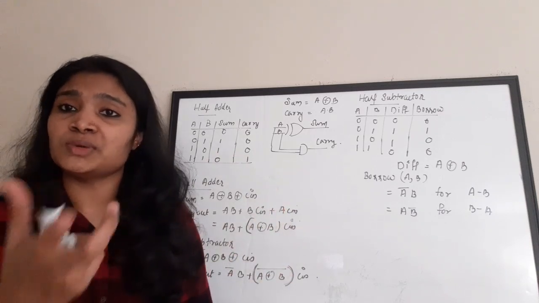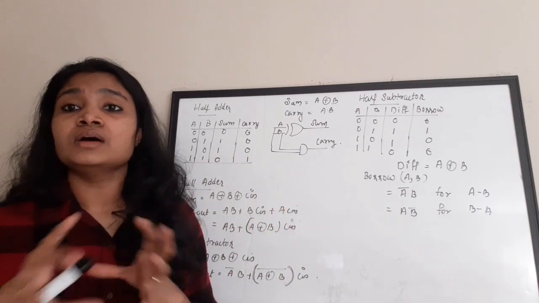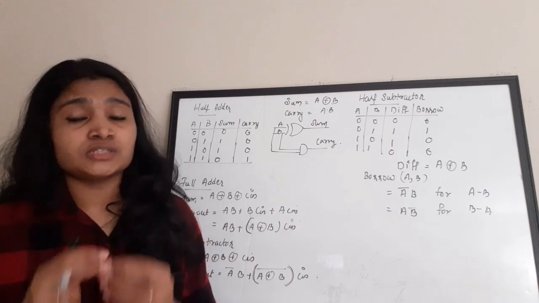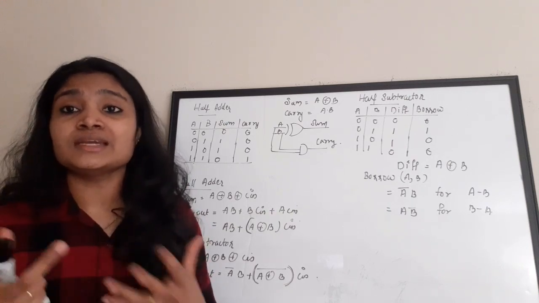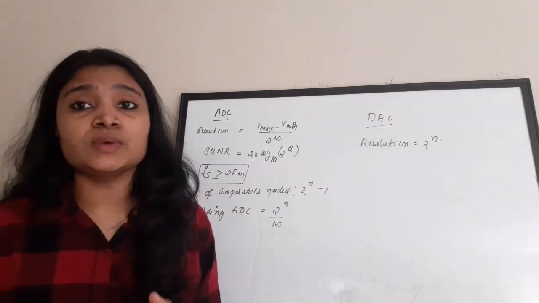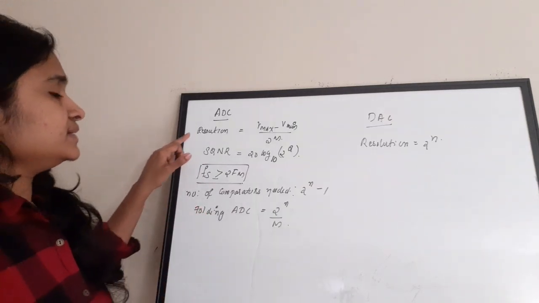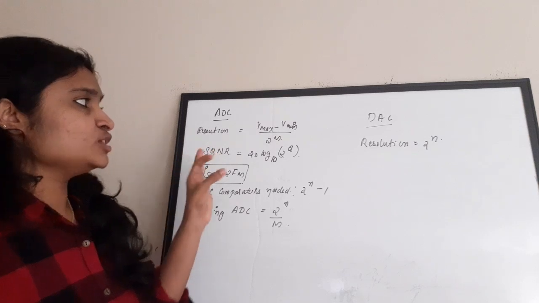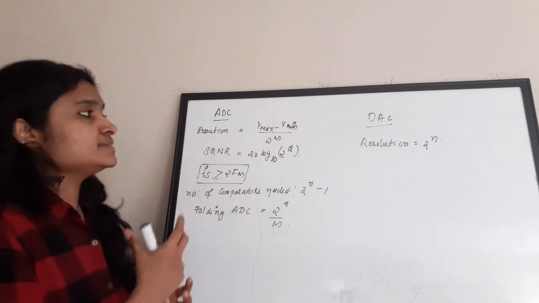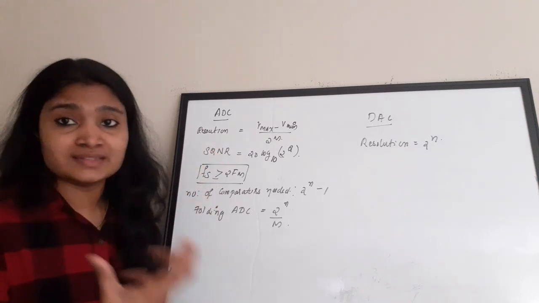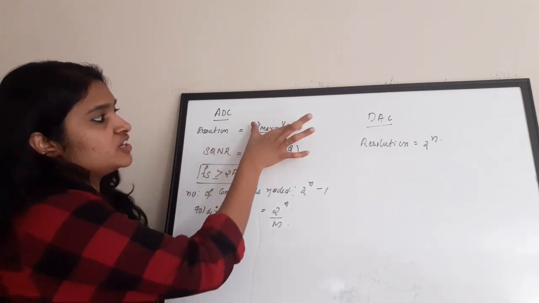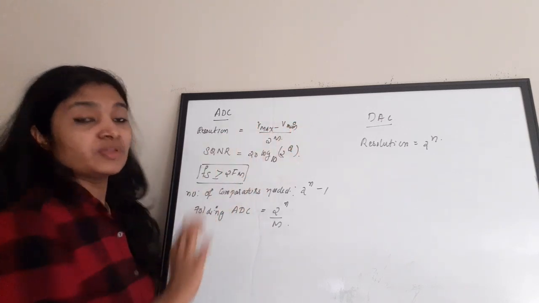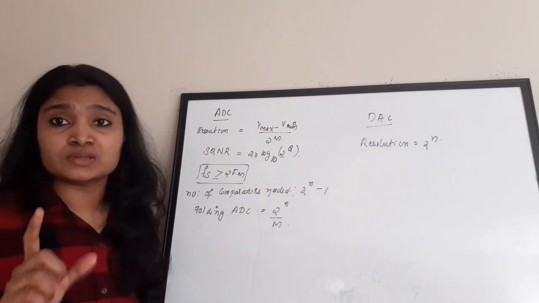Now moving on to the equations for ADC, and also we'll see the main equations and concepts of Mealy and Moore machines, the finite state machines also. Equations for ADC: the main equation is ADC resolution. If the ADC full scale voltage is given, then ADC resolution is equal to V full scale by 2 raised to m, where m is the number of bits of the ADC.